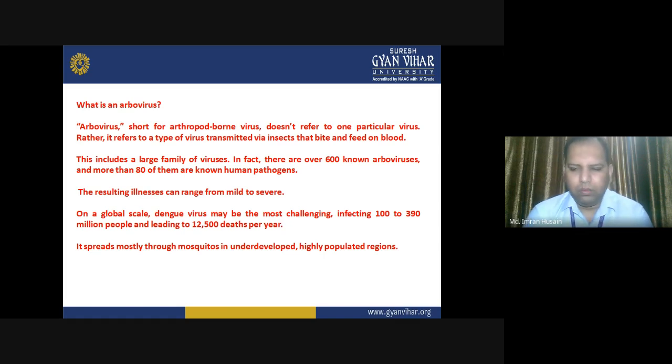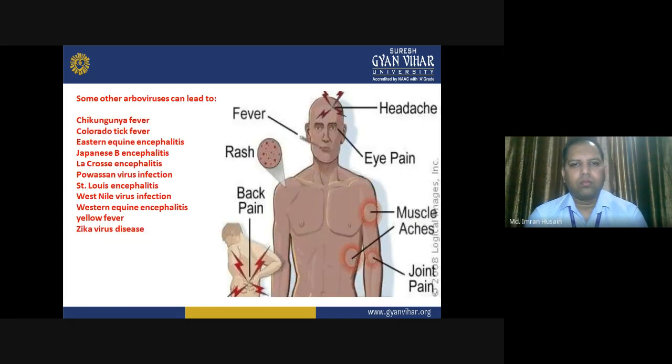Some arboviruses can also lead to chikungunya fever, Colorado tick fever, Eastern equine encephalitis, Japanese encephalitis, La Crosse encephalitis, Powassan virus infection, St. Louis encephalitis, West Nile fever infection, Western equine encephalitis, yellow fever, Zika virus disease.